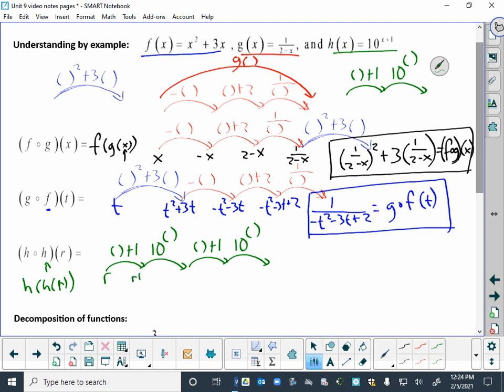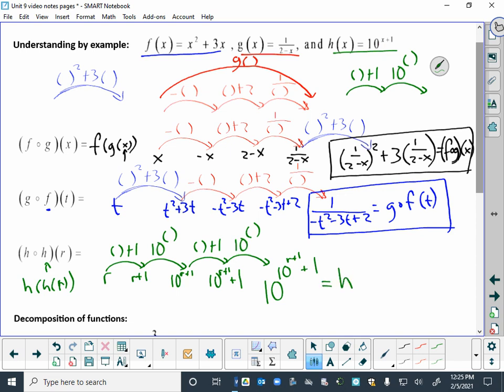So we get R plus 1, 10 to the R plus 1, 10 to the R plus 1 plus 1, and finally 10 to the 10 to the R plus 1 plus 1. Okay?